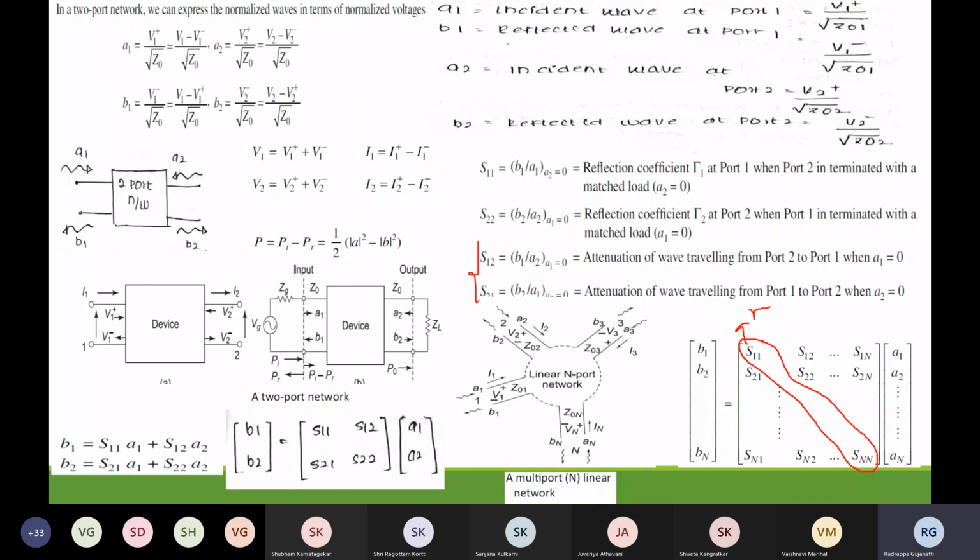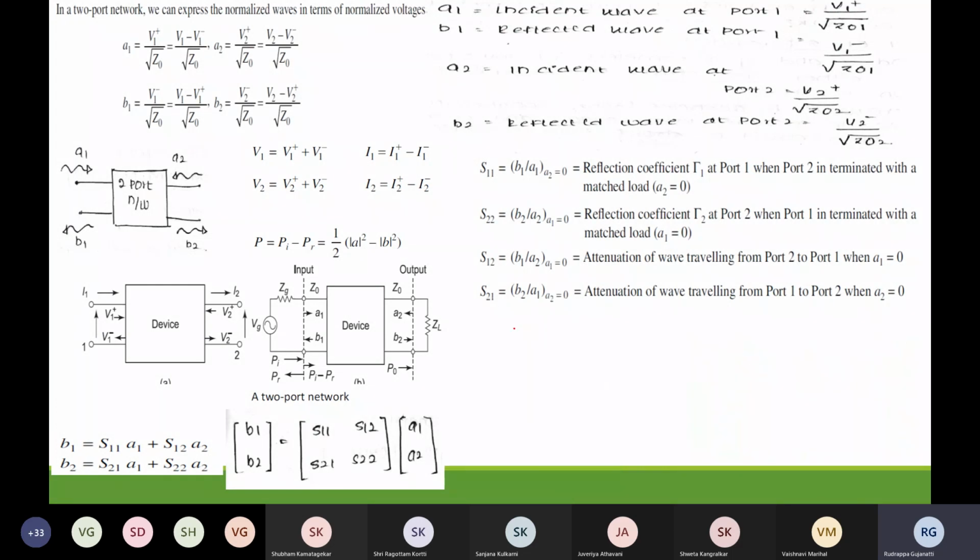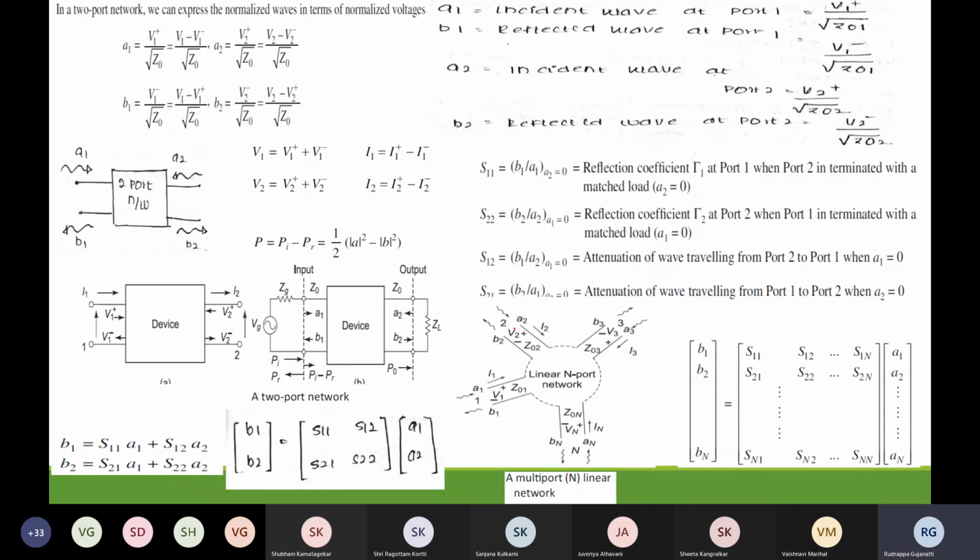The other parameters we observed here give you the information pertaining to the transmission coefficient or the attenuation associated with that network. This is another observation we have to look out for when we have the representation of a multiport network in S matrix form.